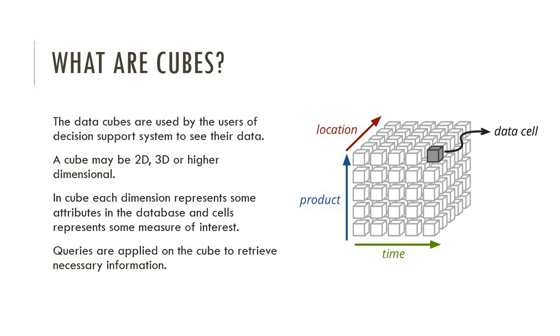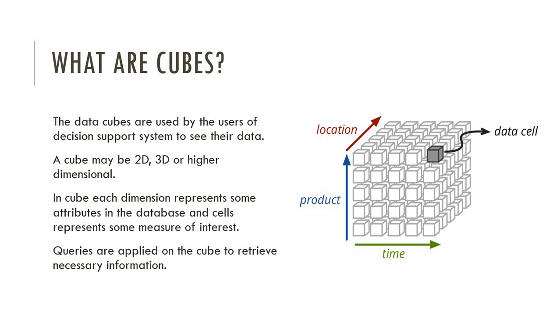In relational database, if we want some data from a database, we are writing queries. Same as that, to access the data from data cubes, queries are applied on the cube to retrieve the necessary information. So this is the simple overview of data cube. The purpose of data cube is to store the data in the multidimensional form, so we can perform a complex query easily.